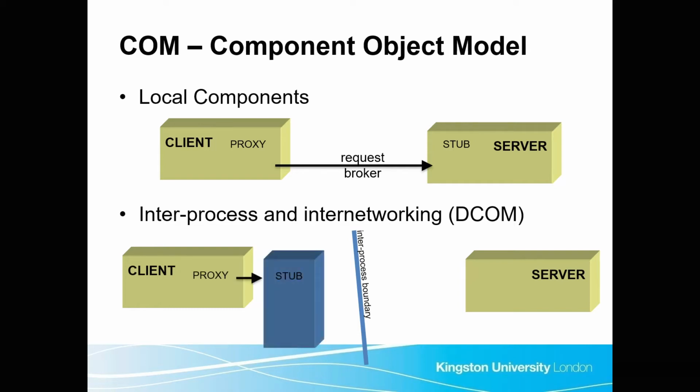On the client side we have an identical proxy, but we have an additional client-side stub, and this stub is a part of the system which is provided by the component object model, so software developers don't have to provide a stub. And on the server side, the server obtains requests from a stub, but the stub is communicating with another proxy, an additional proxy on the server side.